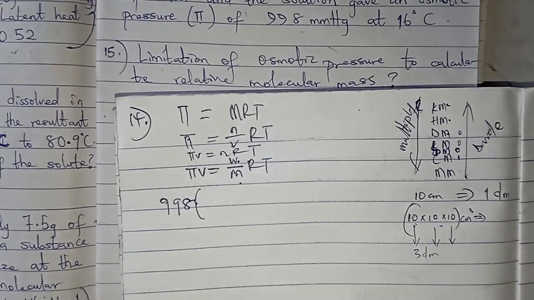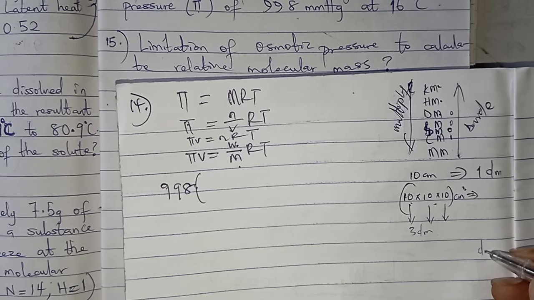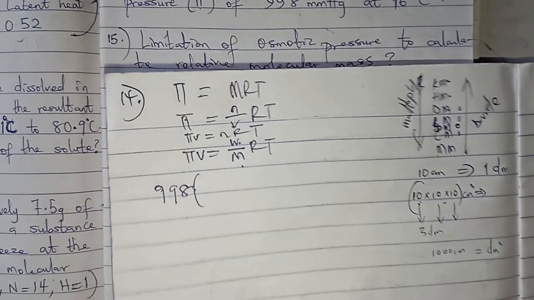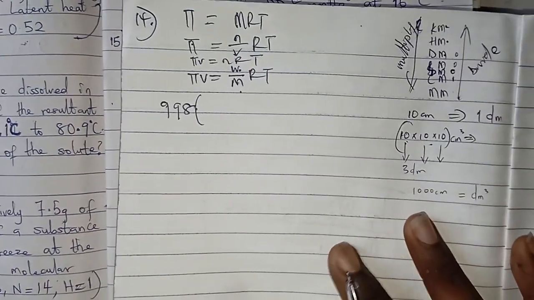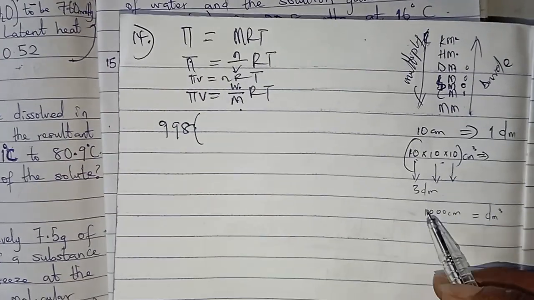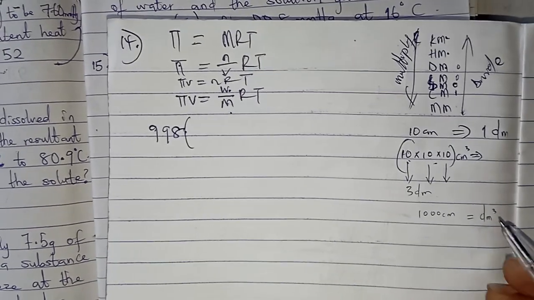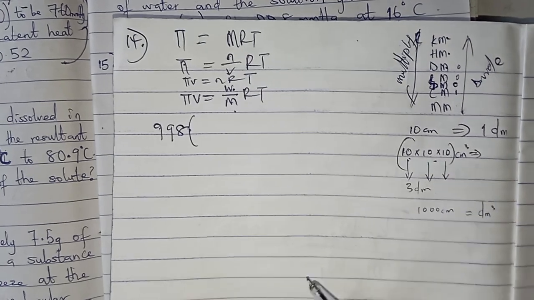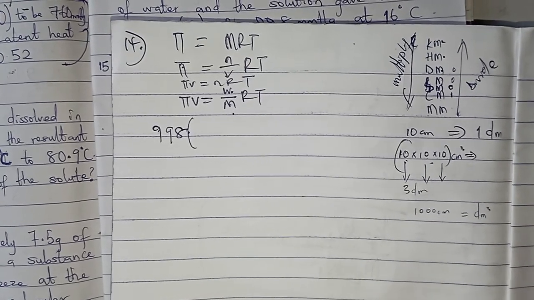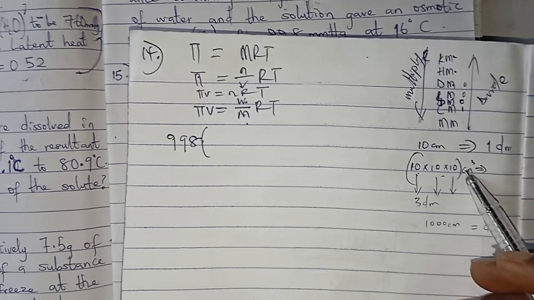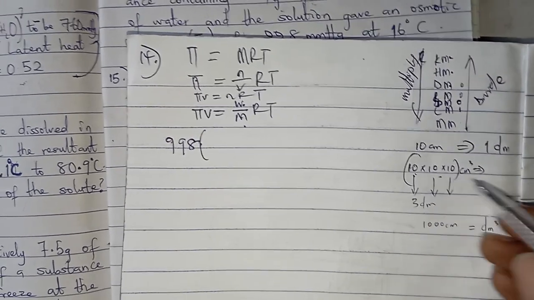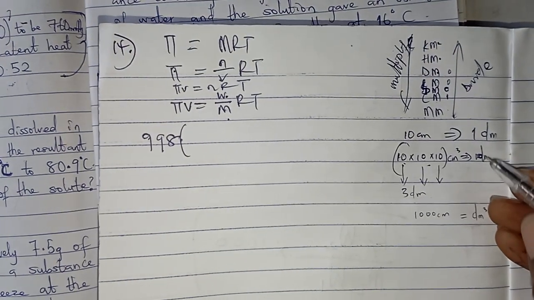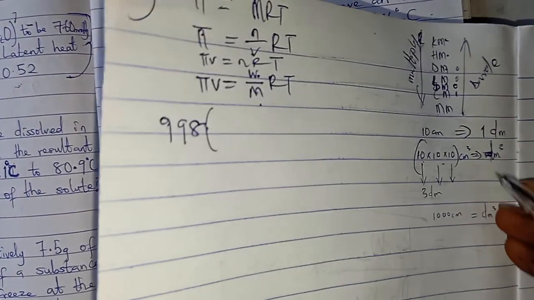And I know that a decimeter cube is equal to 1000 cm cube. You understand? So 10 times 10 is 100, times 10 is another 1000. So that gives me 1 dm cube.